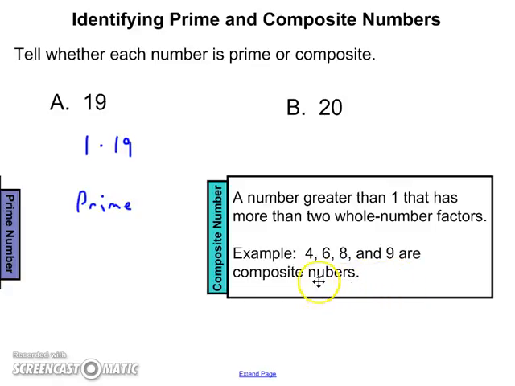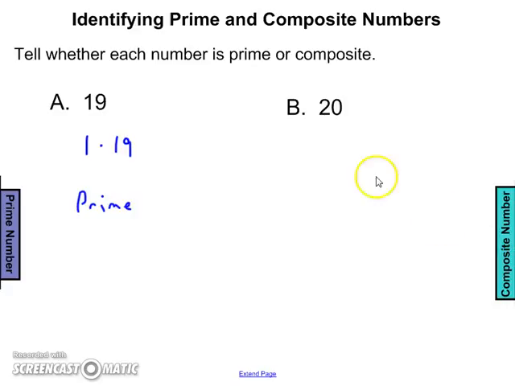Some examples of composite numbers: 4 is composite because it divides by 1 and 4, but it also divides by 2. Or the number 6. 6 divides by 1 and 6, but it also divides evenly by 2 and 3. 8 divides by 1, 2, 4, and 8. 9 divides by 1, 3, and 9. So in that particular case, we have a composite number.